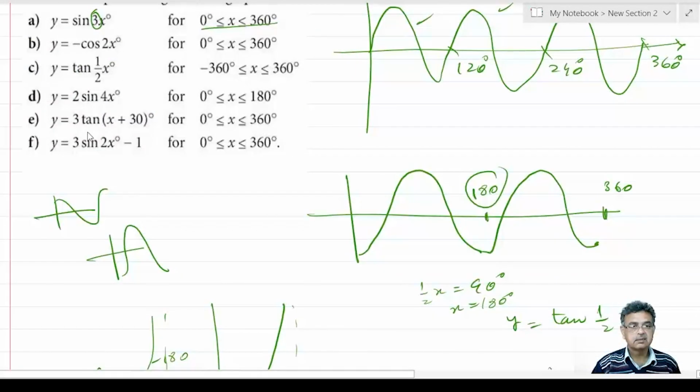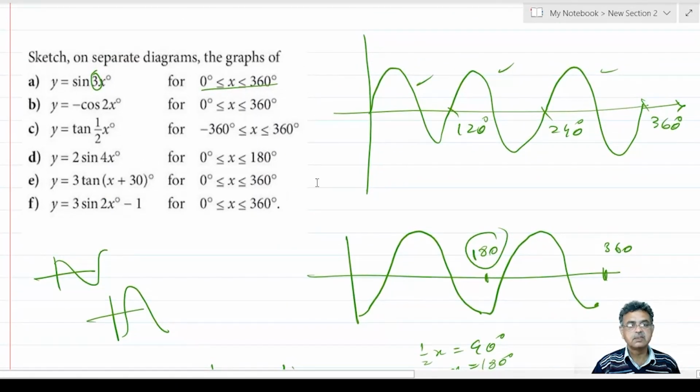Okay, next, this is 3 times tangent, and these 2 parts, I think you should try these 2 by yourself. I hope that you can draw them easily now, as I have tried to make it clear. So this is very important to learn, because you will find many questions in past papers about this period and amplitude and translation about the x-axis and y-axis.